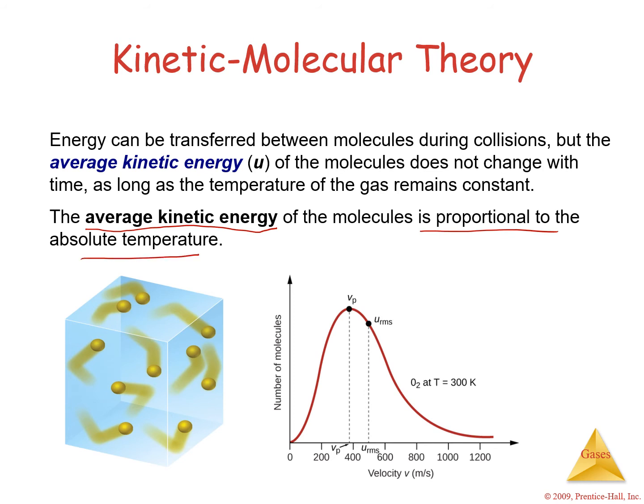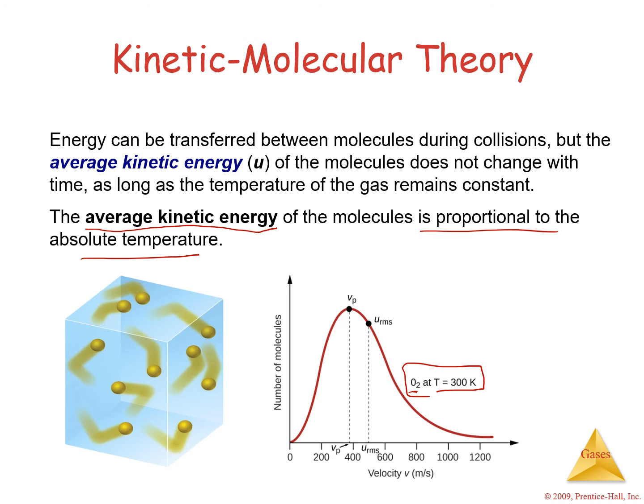On this graph you have a count of the number of molecules which have a specific velocity, shown on the x-axis. The graph shows a distribution of these molecules at a certain temperature. This is specifically for oxygen, but the general bell shape of the velocity distribution is characteristic.